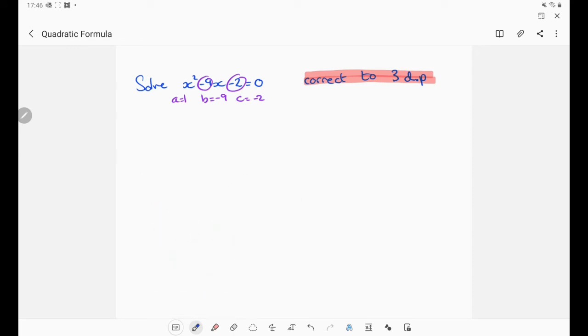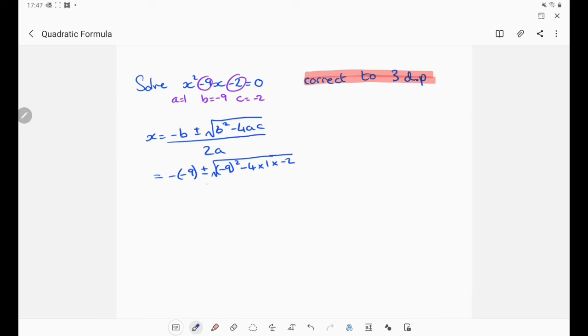So x equals -b plus or minus the square root of b squared minus 4ac all over 2a. We substitute in. So we've got -9 plus or minus the square root of -9 squared, take away 4 times 1 times -2.